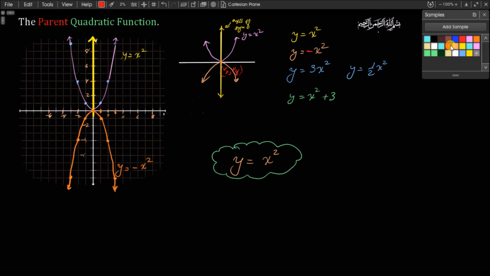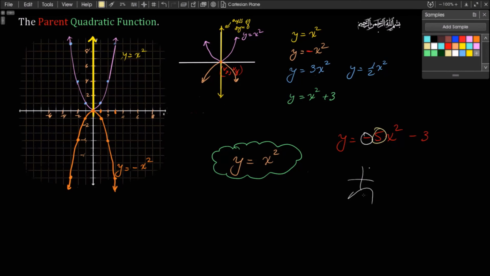So if I gave you something like this, y equals -5x squared minus 3, now you should know what this looks like. Kind of have a feel for what this graph is going to look like. This graph, first of all, will be upside down, so it will kind of look like this. And then this 5 over here, that means it's going to go up faster, so it'll go down faster.